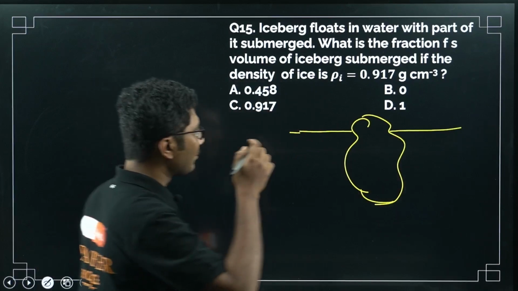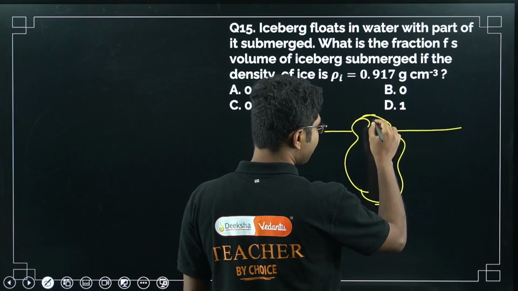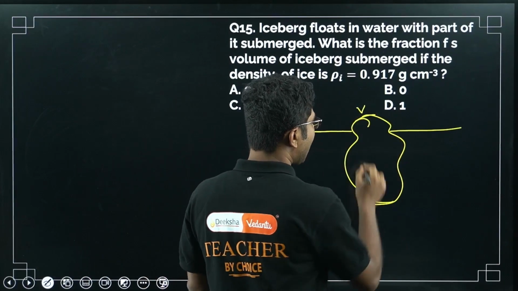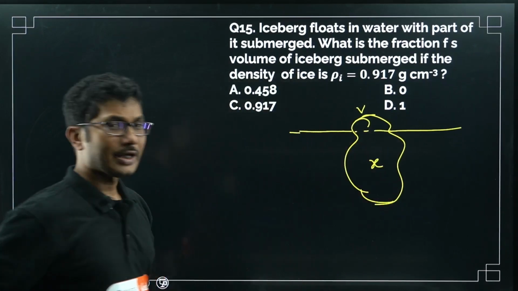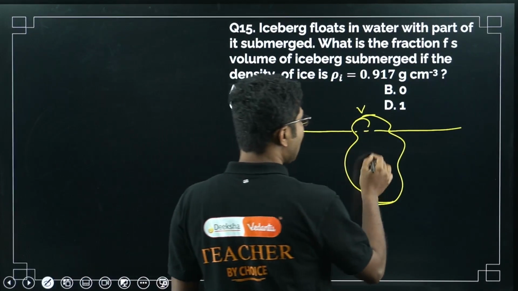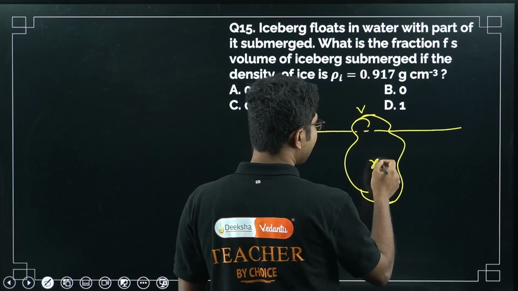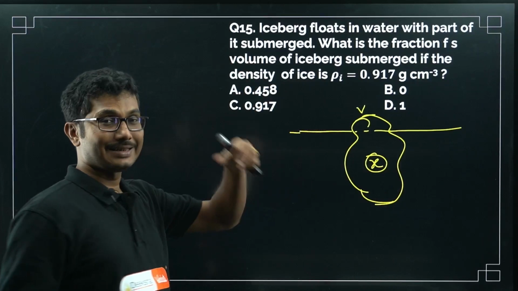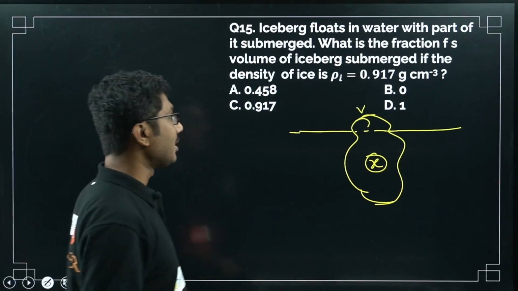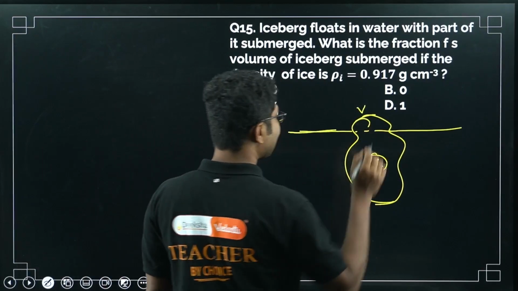Suppose the entire volume of the iceberg is V, and the submerged portion of the iceberg is X. We are trying to find what fraction of V is this X. We know that most of the iceberg generally sinks and only a small portion floats above. So what is Archimedes principle?